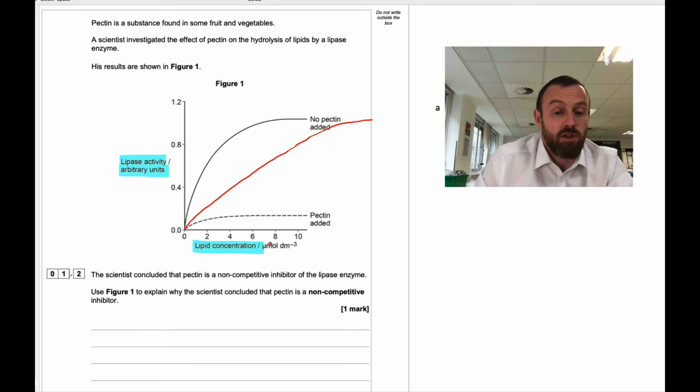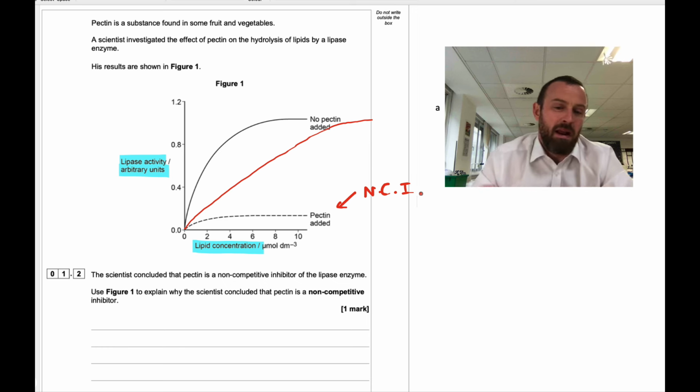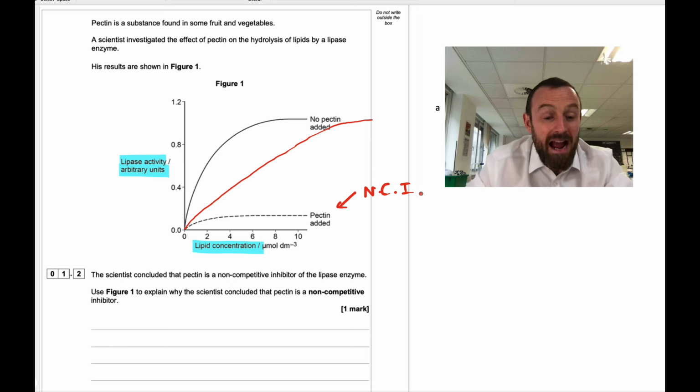So this really should scream non-competitive inhibitor down here. The scientists concluded that pectin is a non-competitive inhibitor of the lipase enzyme. So how do you explain that? How do you explain what I've just drawn in words? You would say that adding more and more substrate, that's lipid, does not change the maximum rate of lipase activity.